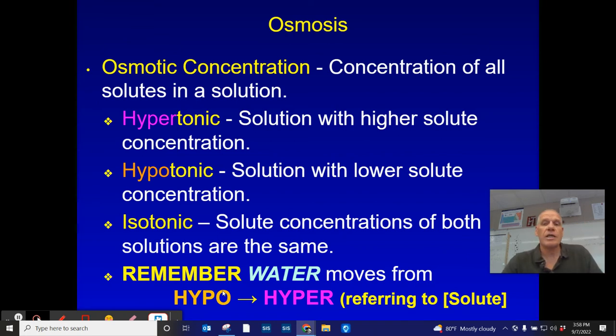Where there is a high solute concentration, there is a low water concentration. So even though water is moving from hypotonic to hypertonic in relation to the solute, water is moving down its own concentration gradient, from a high water concentration to a low water concentration.